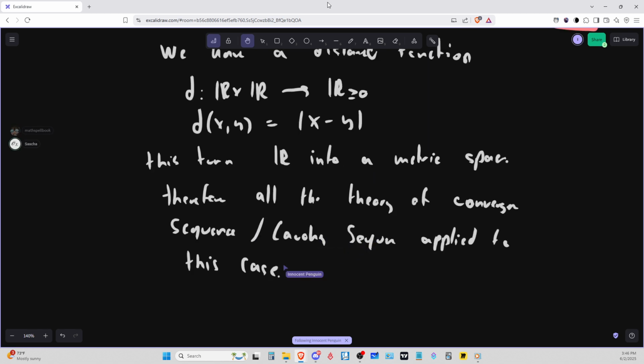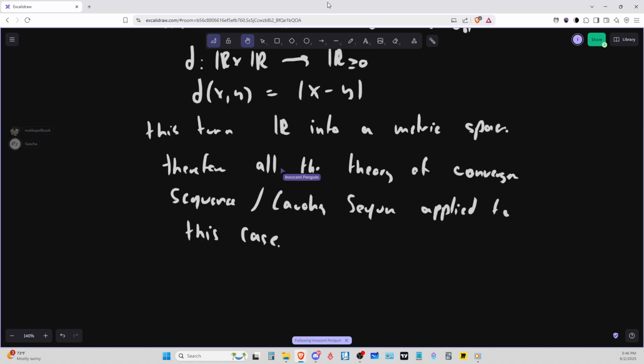So that's kind of cool. And the definition of Cauchy sequence works exactly the same. We can apply the definition we gave earlier, which was more general, specialize it to the case of real numbers, and we get back the usual definition.